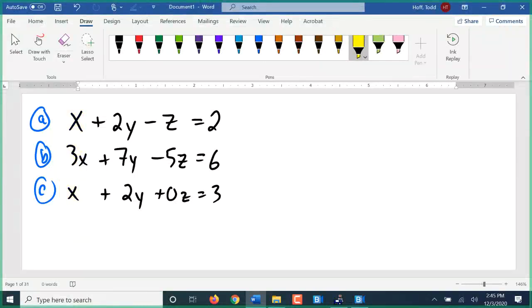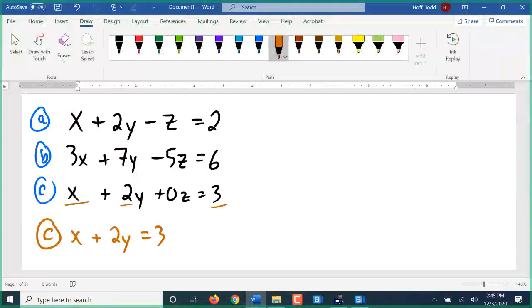Since equation C only had 2 variables to begin with, I'm going to keep that as a 2-variable equation. So take back out that 0z. What that means is I need to cancel out z in the other 2 equations. I need to combine equations A and B in such a way that z also disappears.